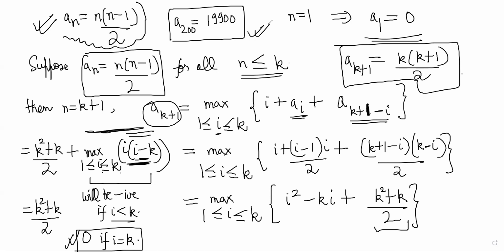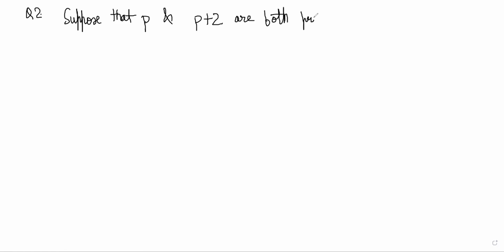Okay, let's move on to the next one. The next problem is this one. Suppose that p and p plus 2 are both prime numbers with p greater than 3.